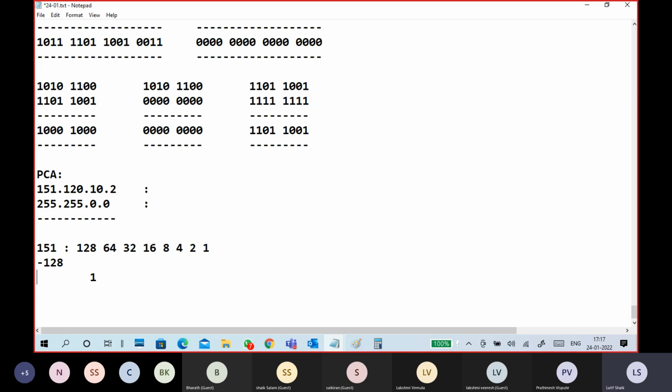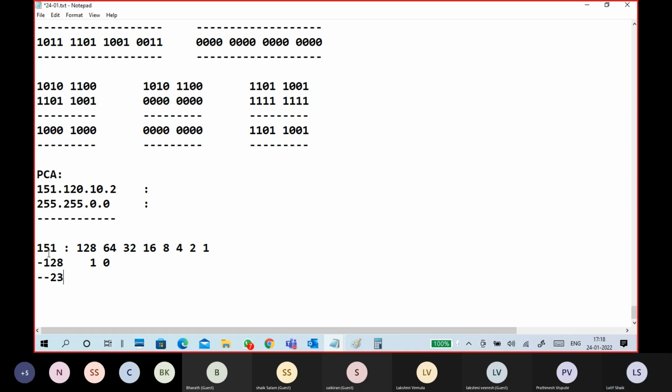If you subtract 128 from 151, you get 23.